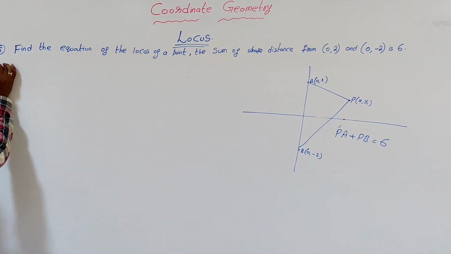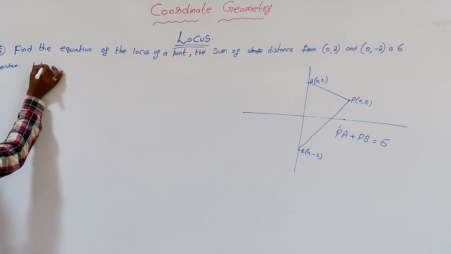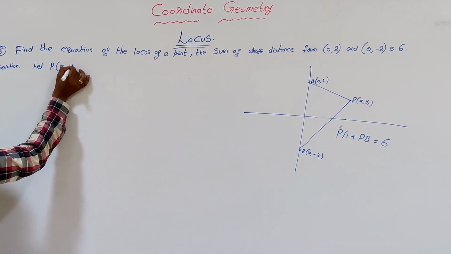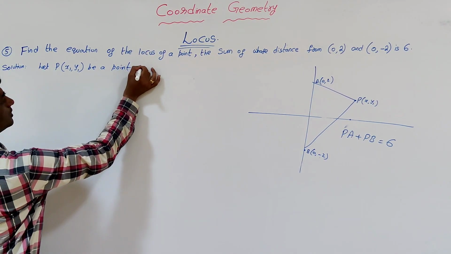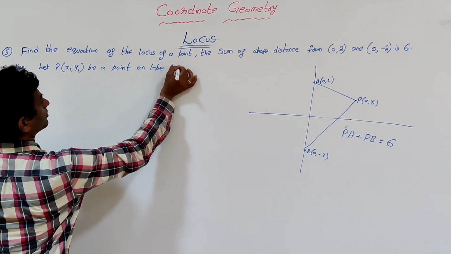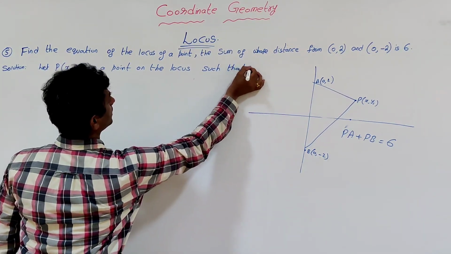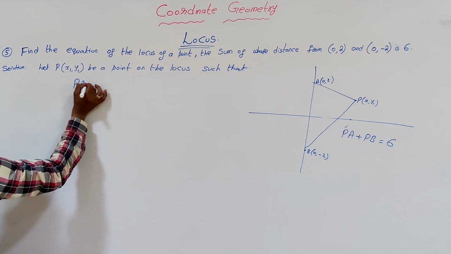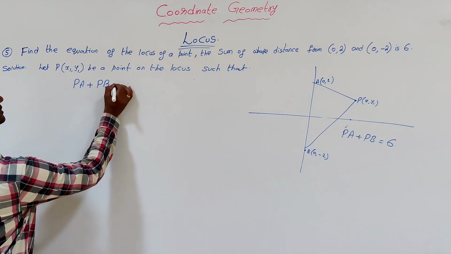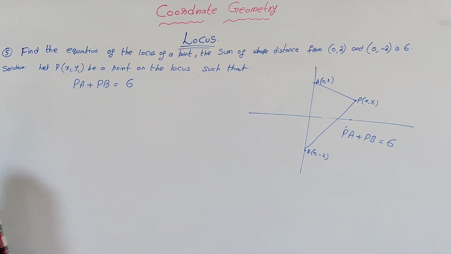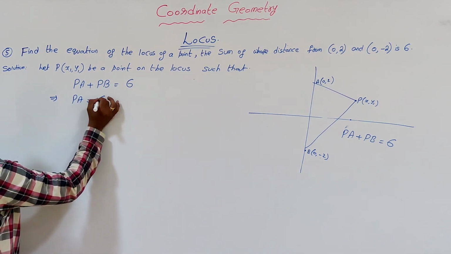Solution. Let P(x1, y1) be a point on the locus such that the geometrical condition is PA plus PB, the sum of the distances, is 6. Now take one of the distances: PA is equal to 6 minus PB.